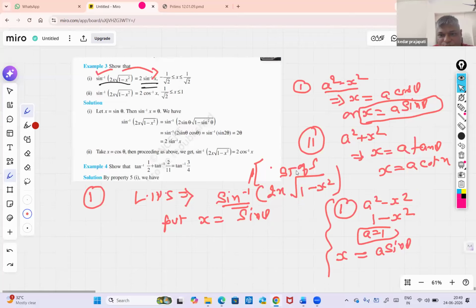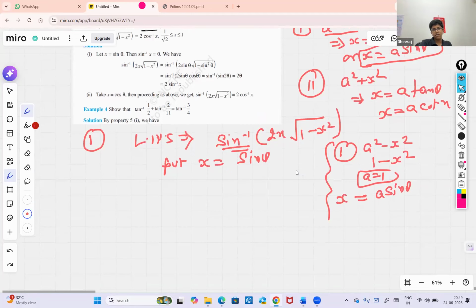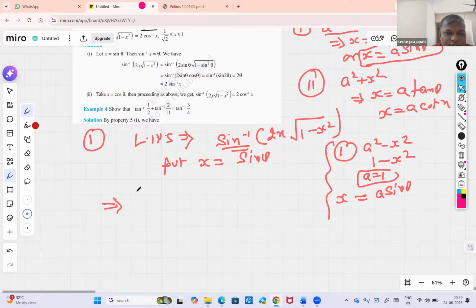So these are the tricks to solve these kinds of questions. With practice only it comes. Now I am putting x equal to a sin theta. What will happen to the LHS now? Sin inverse of x will become sin theta, and this will become 1 minus sin square theta.